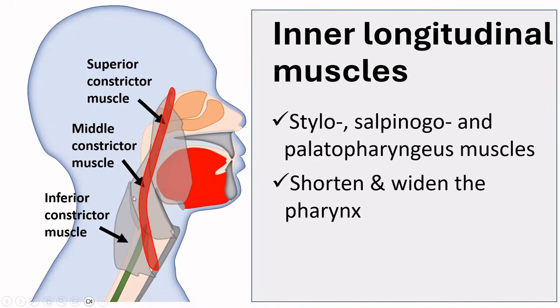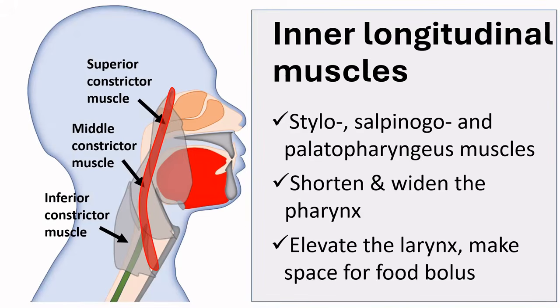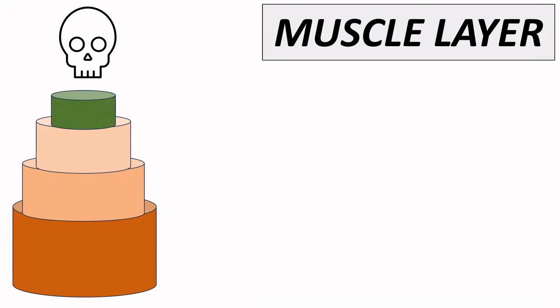If this muscle would contract, you will get an elevation of the pharynx, which will shorten the pharynx and might also locally widen it a bit, but it will mainly shorten the pharynx. So this shortening of the pharynx and elevation of the larynx will make space for the food bolus and also make the pharynx accept the food bolus that is being pushed down by the constrictor muscles.